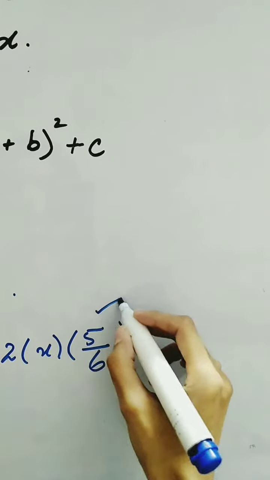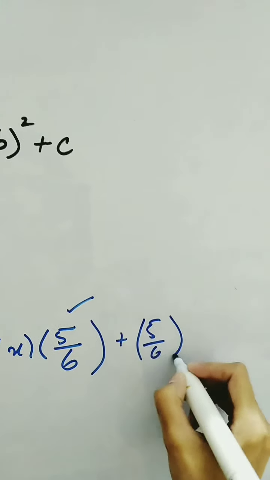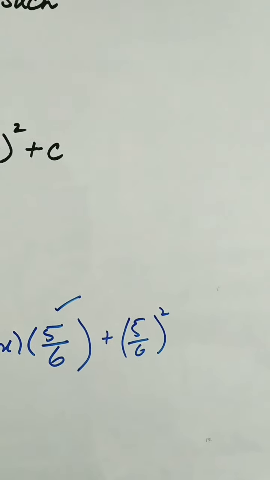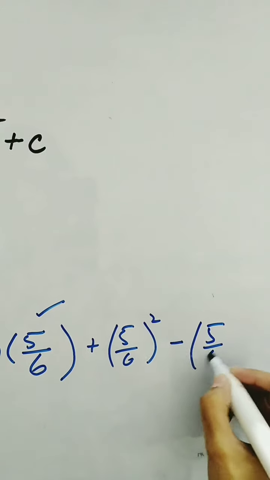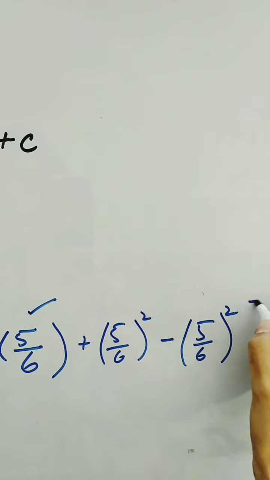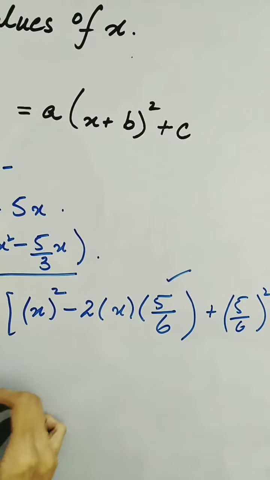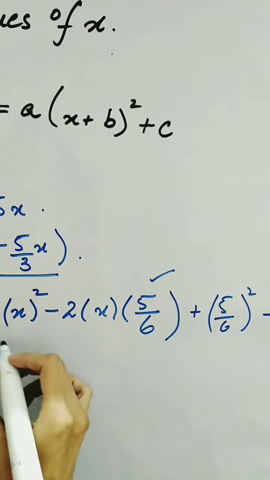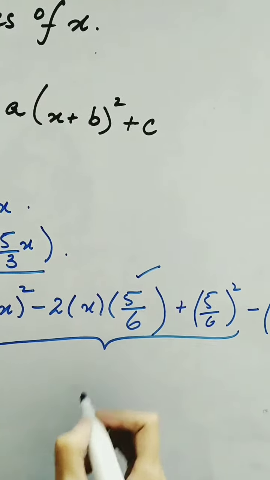Now we know that b is 5 over 6, so we add this factor in the square form, as this is in the formula, and also subtract it in order to cancel its effect. Now we have 3 and we put these factors into the formula.